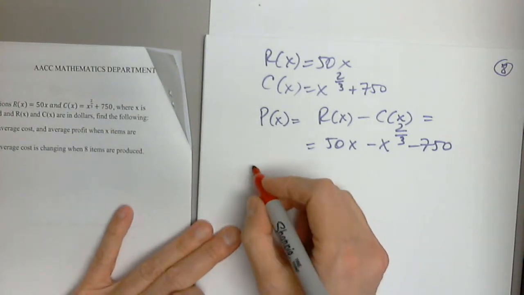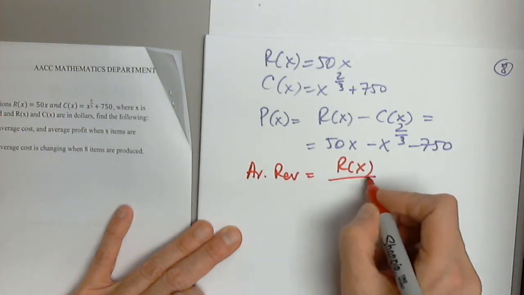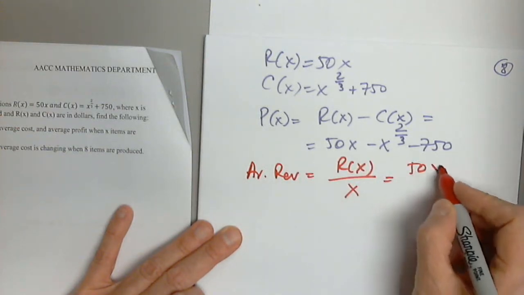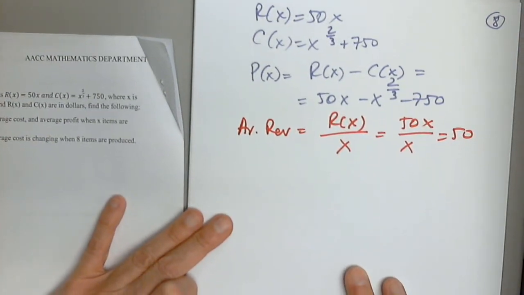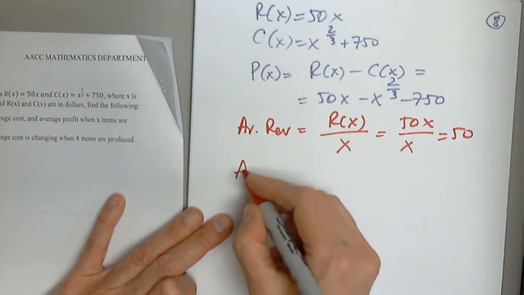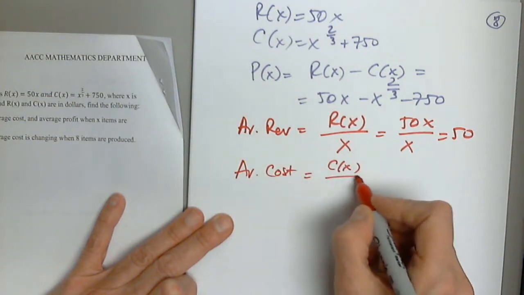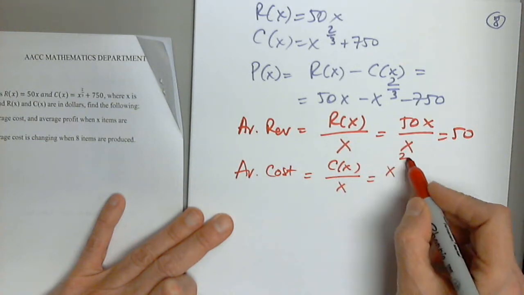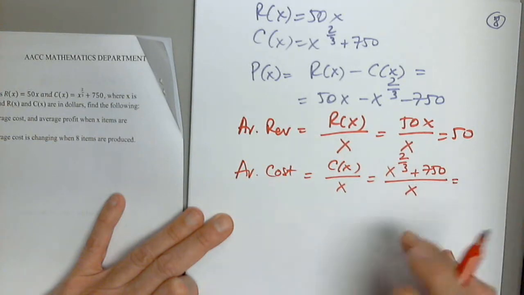So for the average revenue, I have revenue divided by x, which is 50x divided by x, which is 50. That is the revenue per unit. The average cost will be C of x divided by x, which is x to the 2/3 plus 750 divided by x.